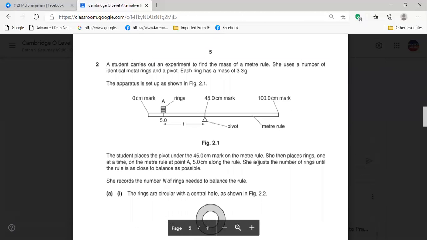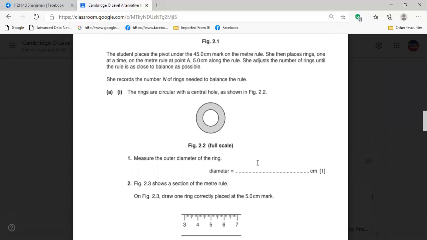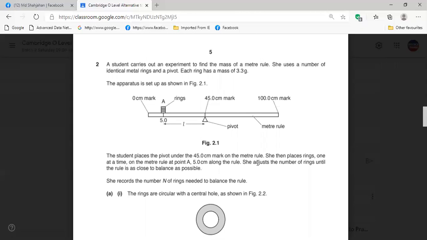Now question 2 is left, right? From here, all others are done. Can you read it, Abir, from the beginning? A student carries out an experiment to find the mass of a meter rule. She uses a number of identical metal rings and a pivot. Each ring has a mass of 3.3 grams. The apparatus is set up as shown in figure 2.1.